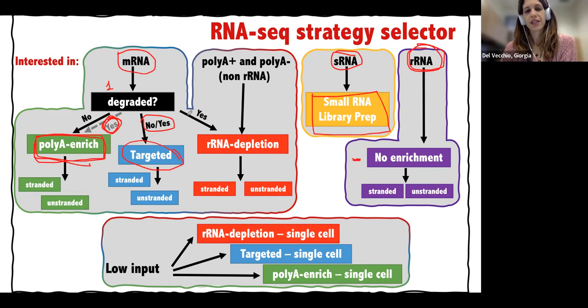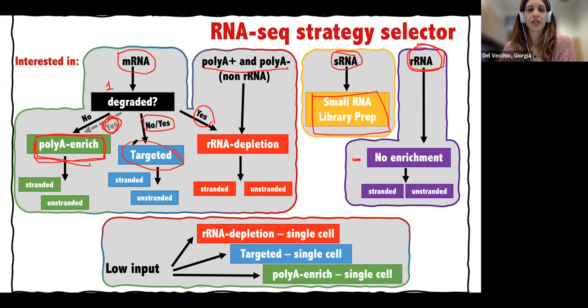So let's say that your RNA is degraded, but you are interested in both poly-A messenger RNA or not poly-A, meaning long non-coding RNA. So you want to look at them both.